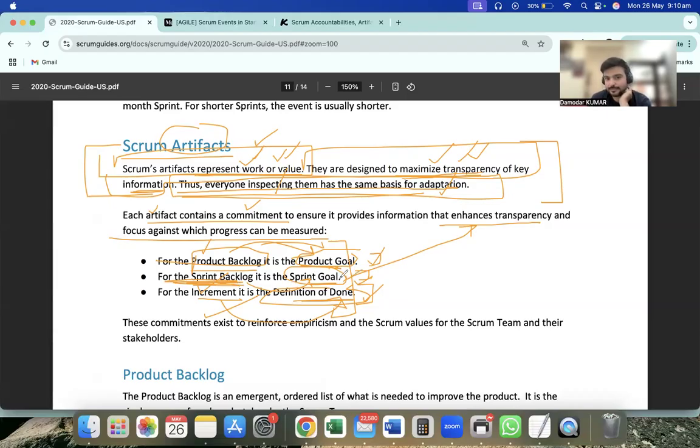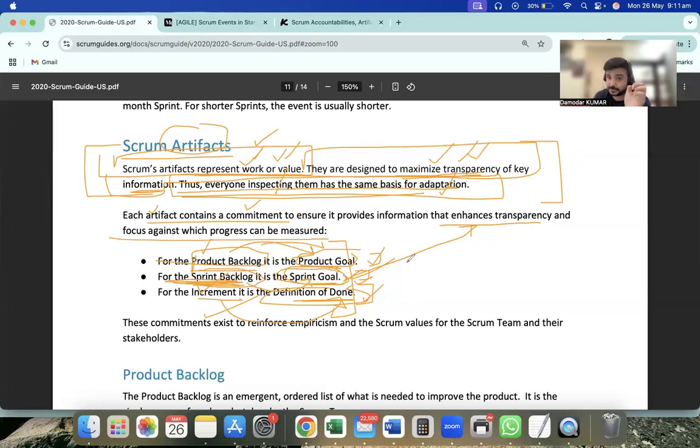So that makes more sense now, because the sprint backlog is the artifact and the commitment is the sprint goal, right? The sprint goal enhances the transparency and focus against which progress can be measured. So if I'm a Scrum team member and I want to check how the sprint is going, I would have a clear answer: if our user can sign up or sign in on the website and they are able to ask a question, then we are doing the right thing, right?